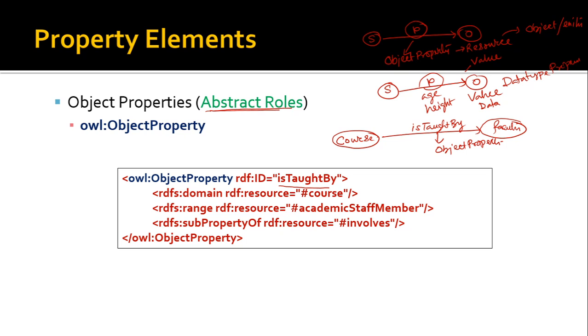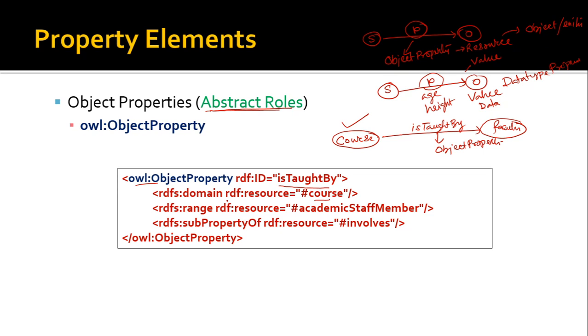So that's why it should be modeled as an object property, right? Now here we are trying to define this object property to have the domain to be course, which is this. So here also we are mixing RDFS with OWL, right? And the range to be academic staff member. So the faculty is also an academic staff member. So the range of this property is academic staff member.